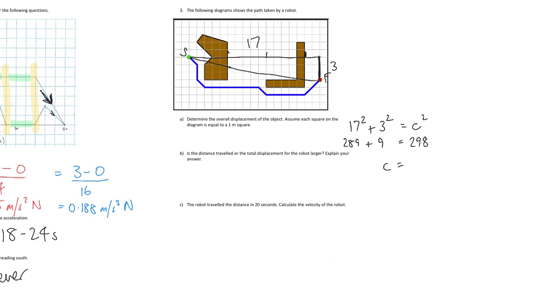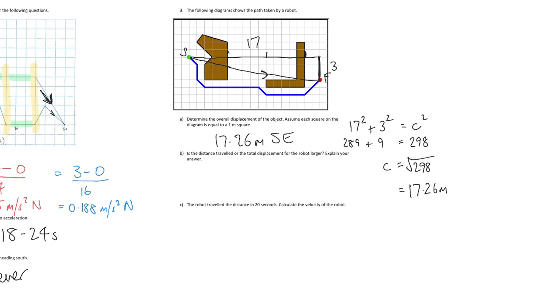Okay, and so c is equal to the square root of 298, which happens to be 17 and a bit. 17.26 meters. Now, it is not enough to write that. I also need to write the direction. We're going to assume it's going north, south, east, west. So therefore, it is going in the southeast direction.